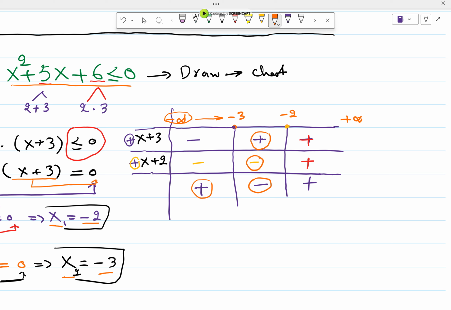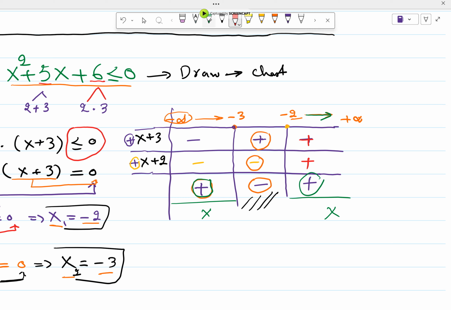And also from minus 2 up to plus infinity is plus. But in these two sections we have plus. This is not part of the solution. Now the part of the solution is what? The part of the solution is the minus part. The minus part is the part of the solution.